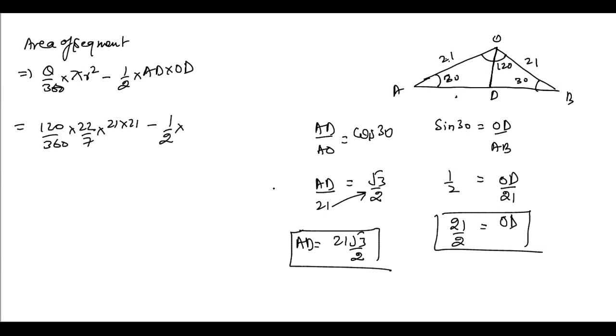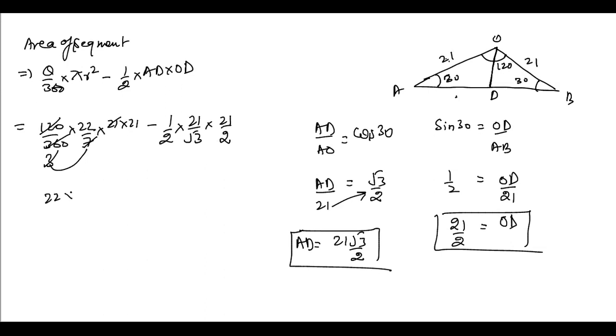AD is actually, you have calculated, it is 21 root 3 by 2, and OD is actually, you have calculated, it is 21 by 2. So now you can calculate the value. This is 1 upon 3, and you will get here 7 3s are 21, 3 7s are 21, and 21 get cancelled out.